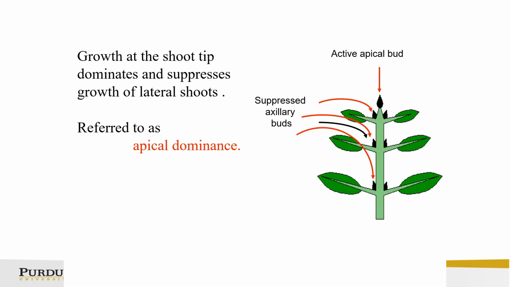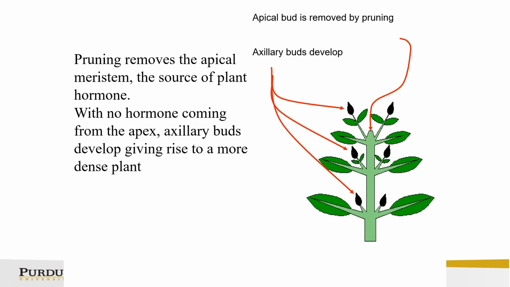These accessory buds are just going to hang out and stay as buds. But as soon as you cut that growing point off, you're taking those auxins out of the plant, and that spurs on all these accessory buds to start to pop. So every time you make a cut on a tree, you have to think about what's going to happen back behind there.